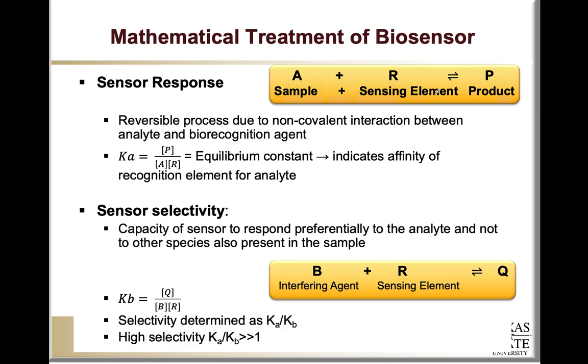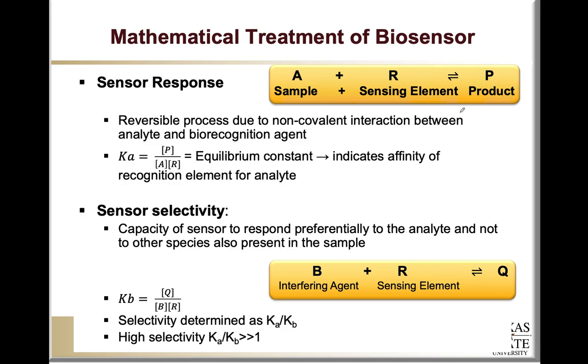Notice that I have used a double-sided arrow indicating that this is a reversible process, because when these two bind, there's not going to be a covalent interaction. All that we have is secondary interactions such as ionic bonding, electrostatic attractions, hydrogen bonding, polar interactions, or hydrophobic interactions that are driving them to bind together non-covalently.